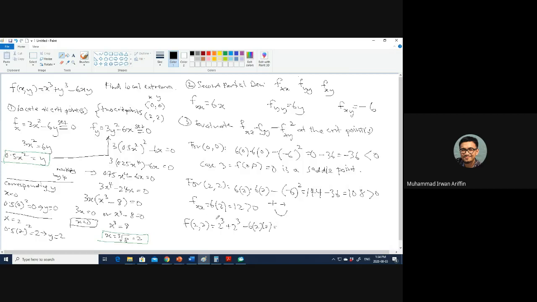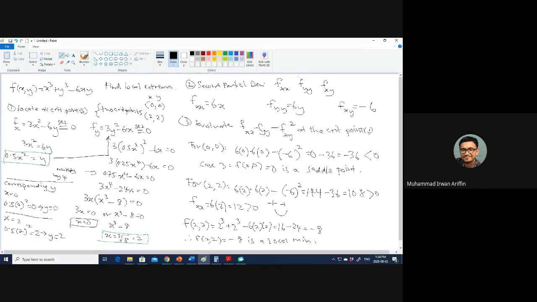So here we have 8 plus 8 is 16, minus 24, negative 8. So we can conclude that f of 2 and 2 at this critical point, which is negative 8, is a local minimum.